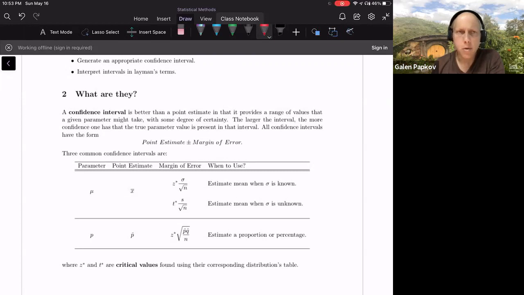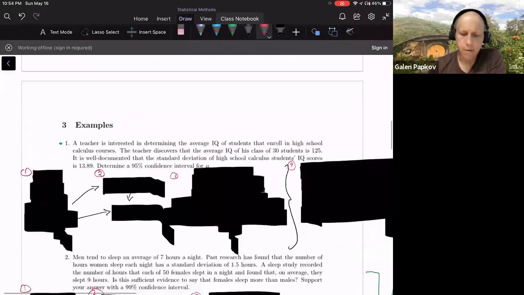When sigma is known, use the formula with sigma in the margin of error, and when sigma isn't known, you estimate it from the sample and change Z to T, and that's the second formula here. And remember that every confidence interval that you're learning now and that you will learn in a couple of weeks has the same form of a point estimate plus or minus a margin of error. All right, so let's take a look at the first problem here.